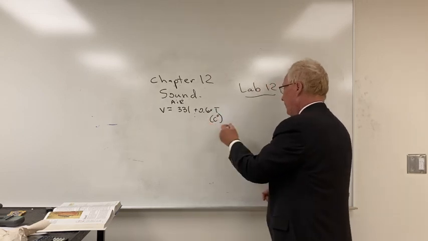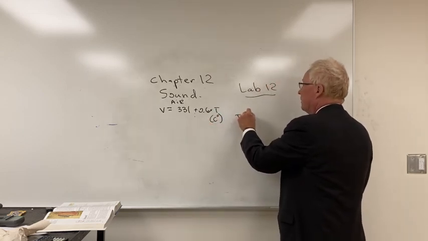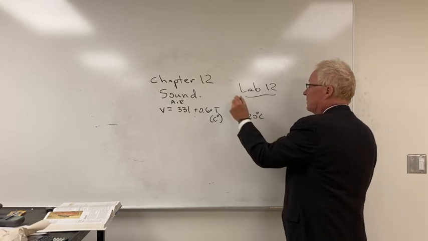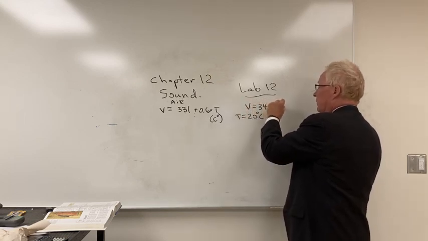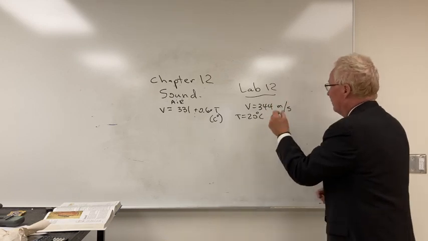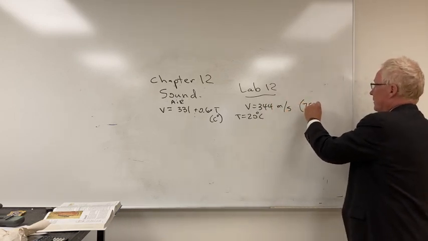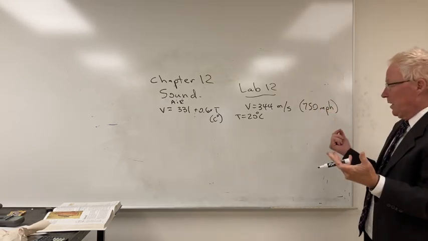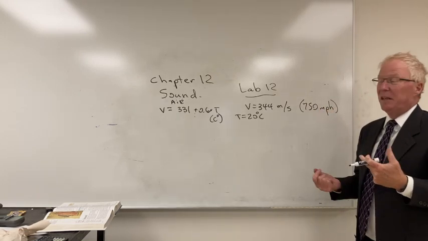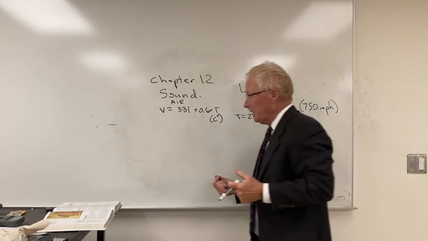And at a room temperature of T equals 20 degrees Celsius, the speed of sound is approximately 344 meters per second, or approximately 750 miles per hour, roughly. So that's the speed of sound in air.